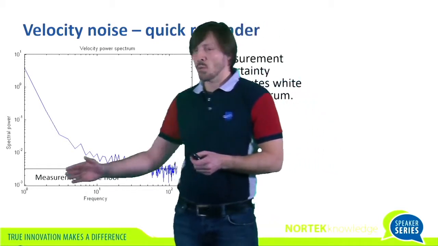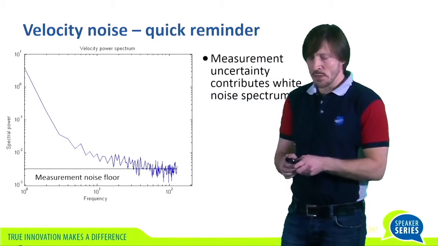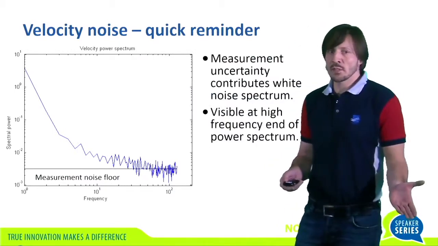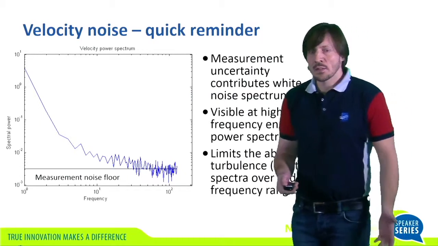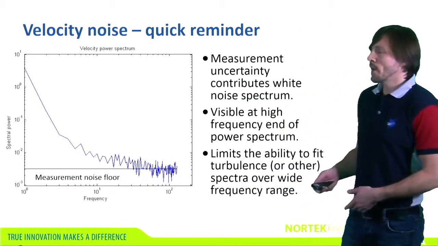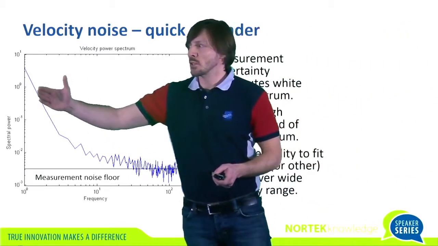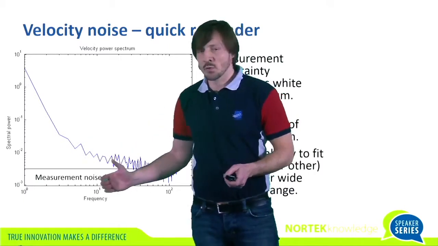That's expected to be white noise, so these variations will persist across the entire spectrum, but they will be most easily visible at the high end of the spectrum. And this, of course, is a limiting factor no matter what you try to do. If you're interested in turbulence, you want to be able to trace this line as far down as possible before it disappears into the noise floor.